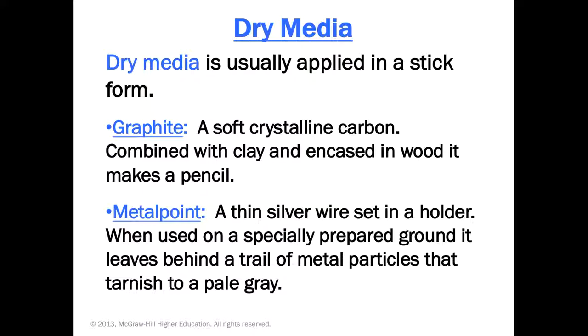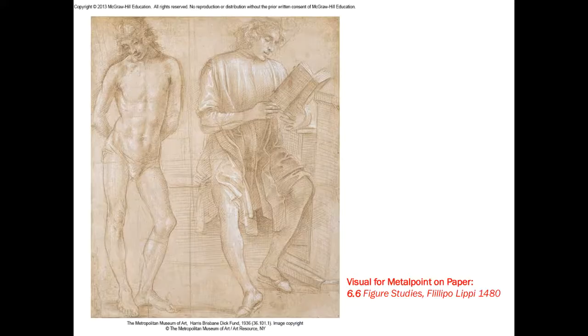It's a silver wire set in a holder, kind of like a mechanical pencil. And if you had a specially prepared surface, it would leave a trail of metal particles on a paper or a canvas. This is a beautiful visual for this, a metal point on paper.